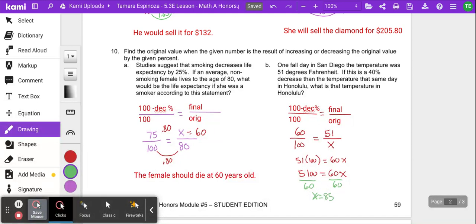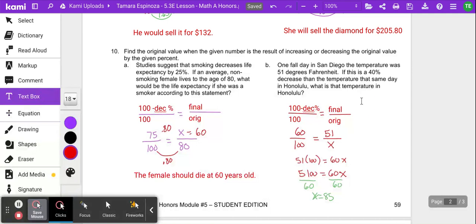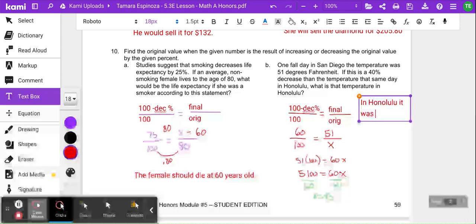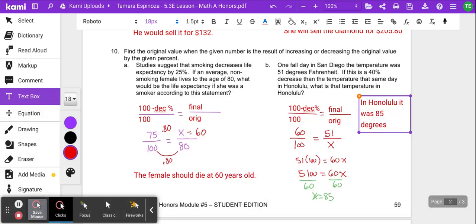So in Honolulu, it was 85 degrees Fahrenheit.